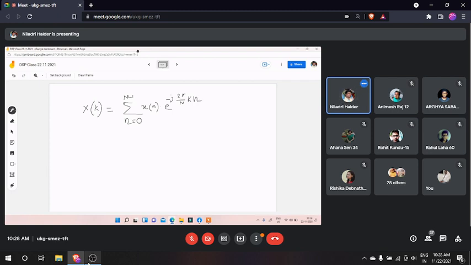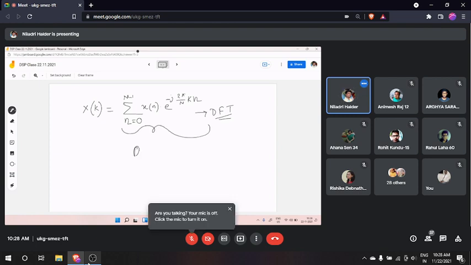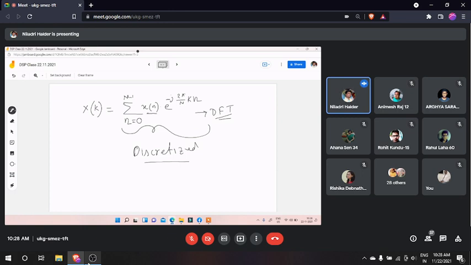So that is the equation of a discrete Fourier transform, where you can see this is completely discretized. x n input is discrete, n discrete, k discrete, and here k will also be varied from 0 to N minus 1, because the maximum range you have considered is 0 to N minus 1 in number of samples.